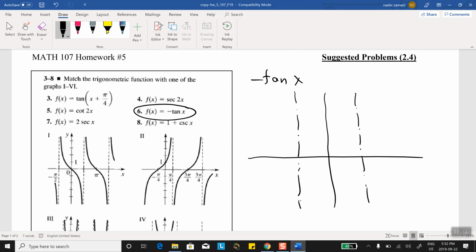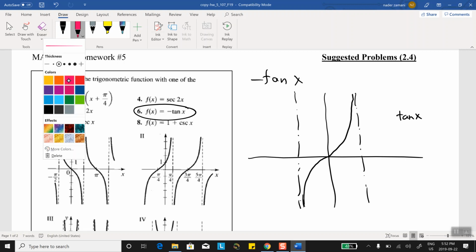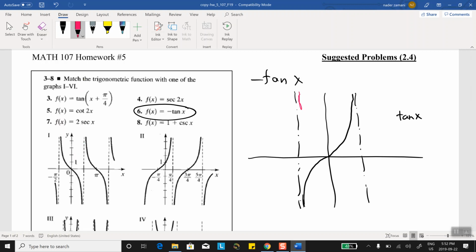Now, remember, tangent looked like this. Tangent looks like that. This black one is tangent of x. If you mirror this thing because of that minus sign, you're going to get this guy, minus tangent of x. So the red one is my answer.